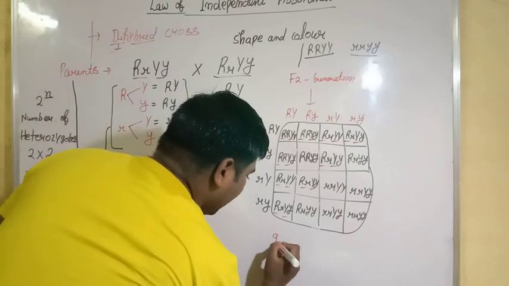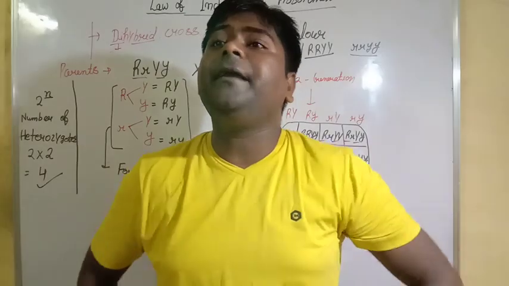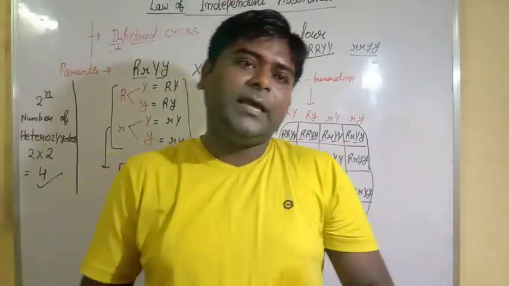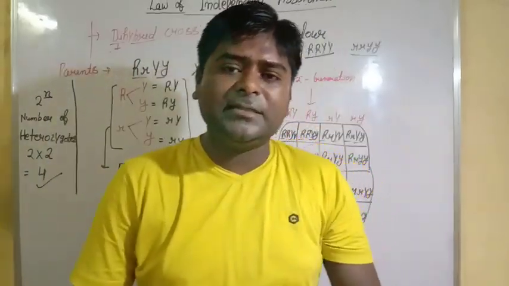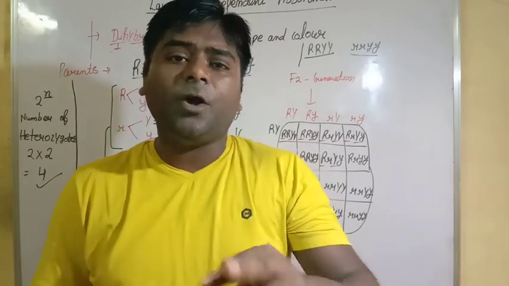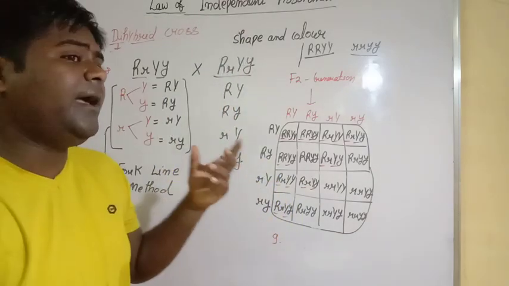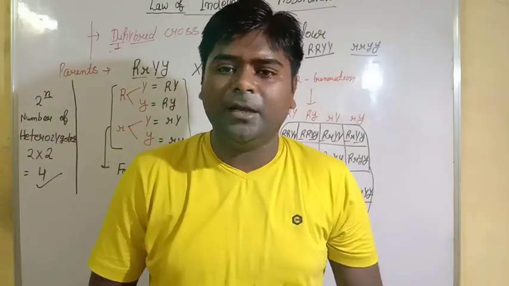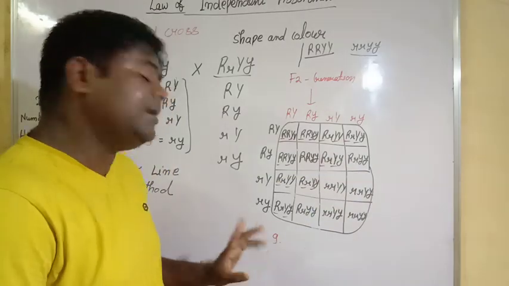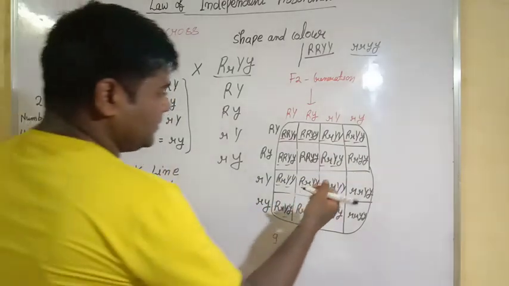It means 9. We have 9 round and yellow, homozygous as well as heterozygous conditions. Whenever both the dominant factors are present, we will have the phenotype round and yellow. How many? 9.